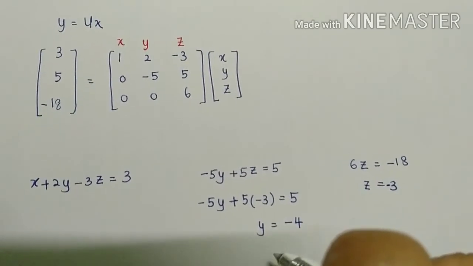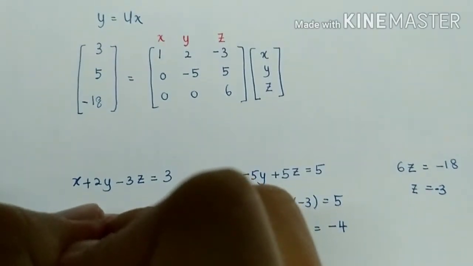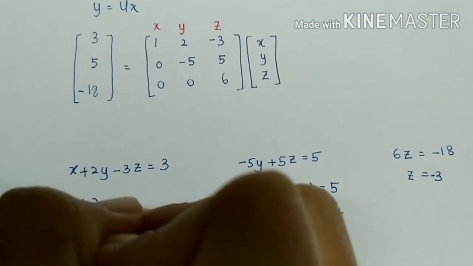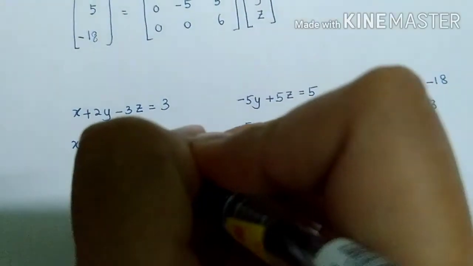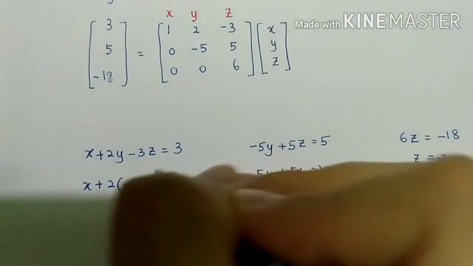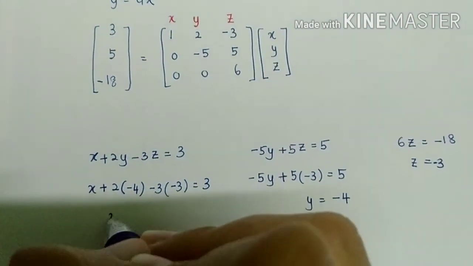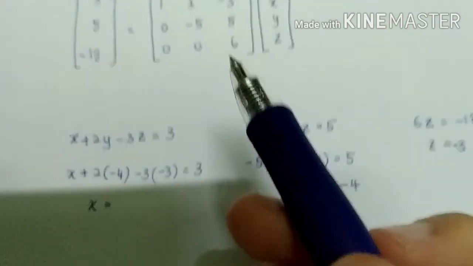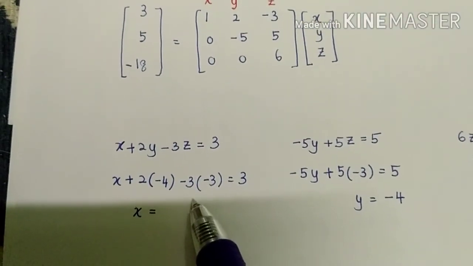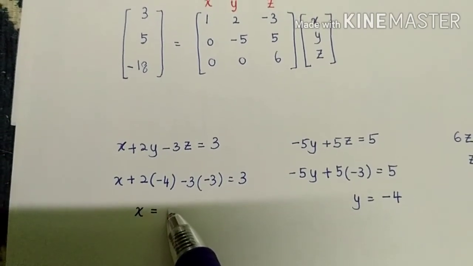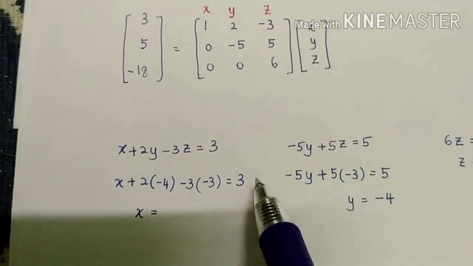After that, we can substitute the values of y and z into the first equation. So we have x plus 2 times negative 4 minus 3 times negative 3 equals 3. So for x we have negative 8 plus 9. Negative 8 plus 9 is 1. So the 1 we transfer to the right-hand side, and it becomes negative.